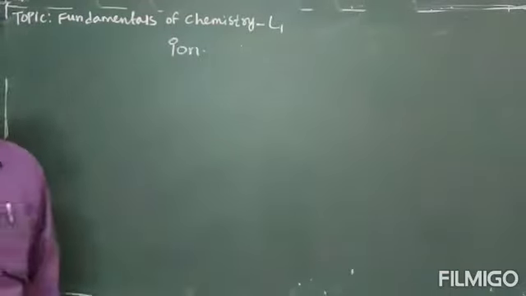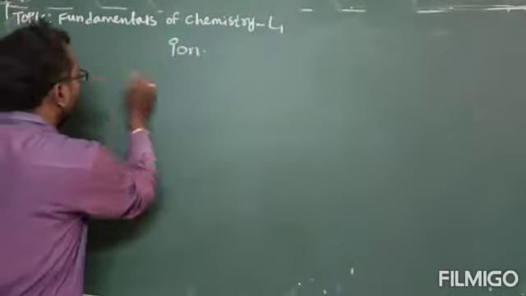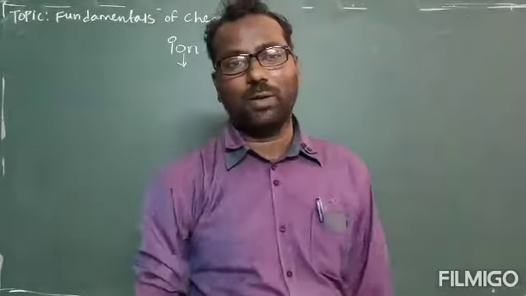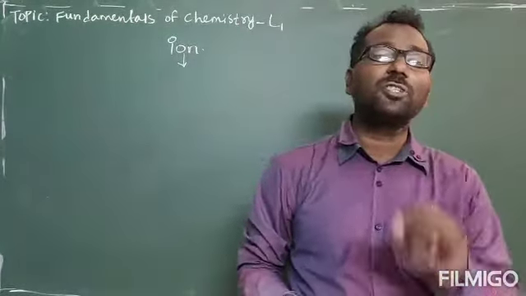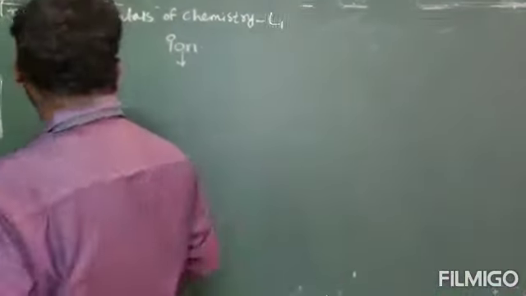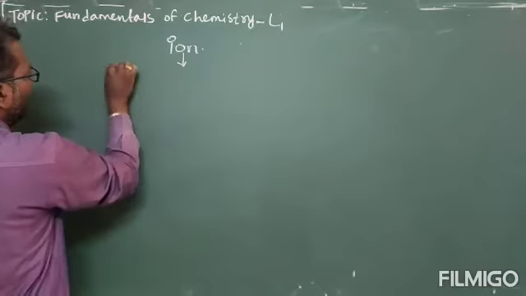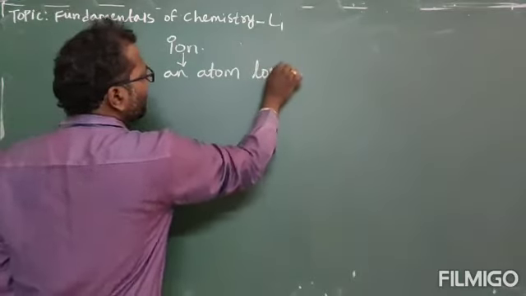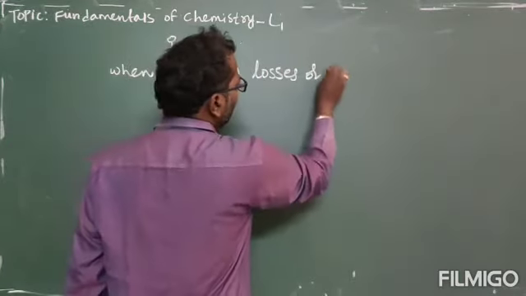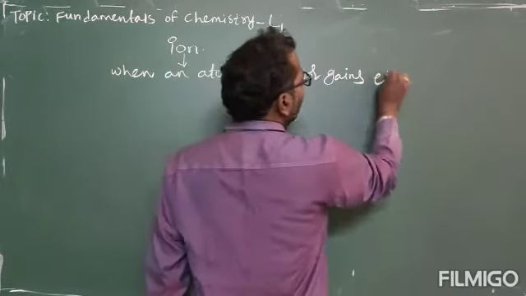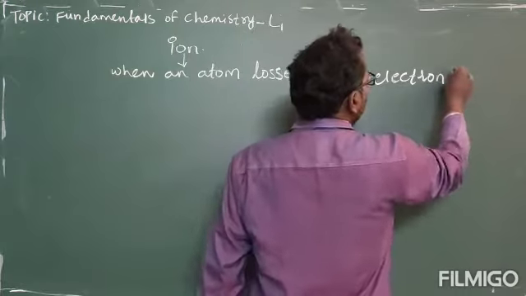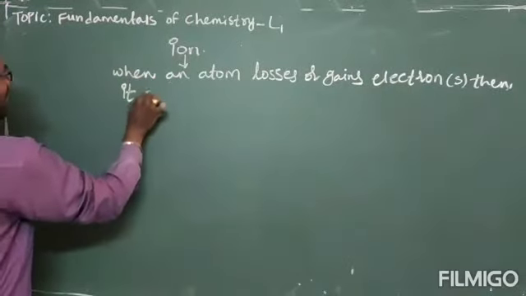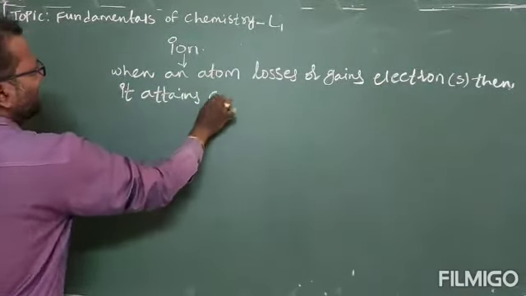Ion. So when will an atom become an ion? When an atom loses or gains electron or electrons, then it attains a certain charge. That charged particle is called an ion. See, what is an ion? When an atom loses or gains electron or electrons, then it attains a certain charge.